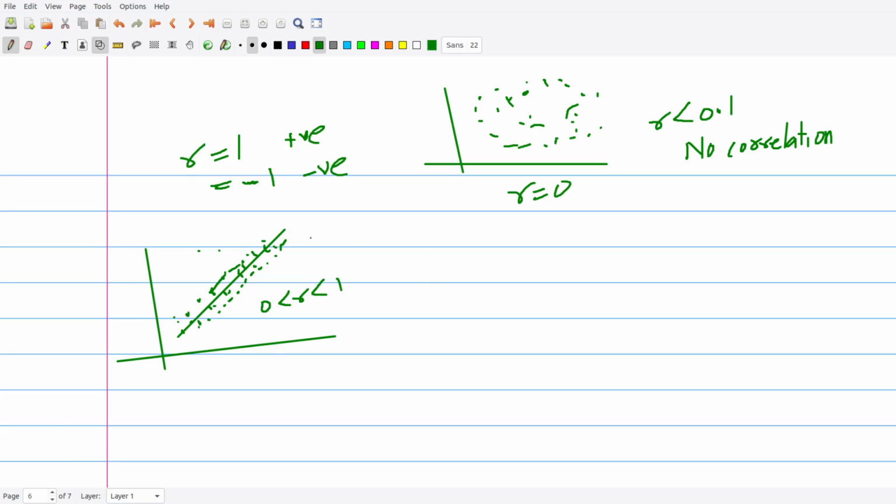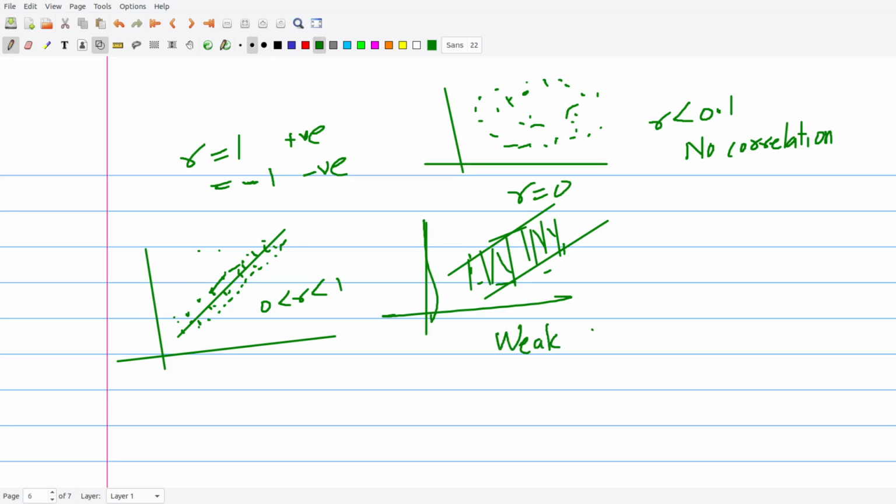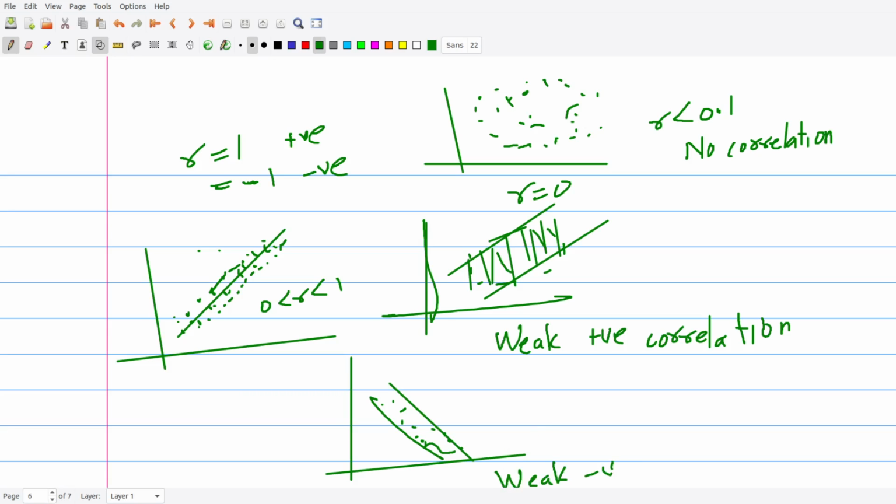If this diagram scatters like this, so this same diagram you can take, but scattering is also within a bounded region. This region you have got scattered points, so this we call weak positive correlation. Similarly, if there is scattering in some region like this, but in negative direction, it is called weak negative correlation.